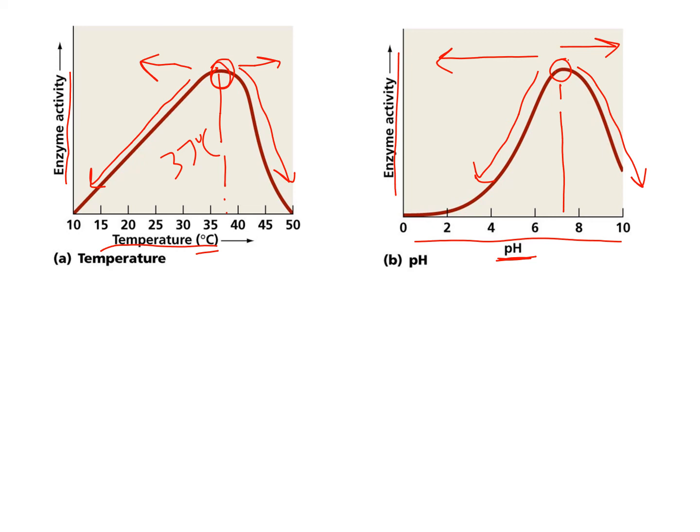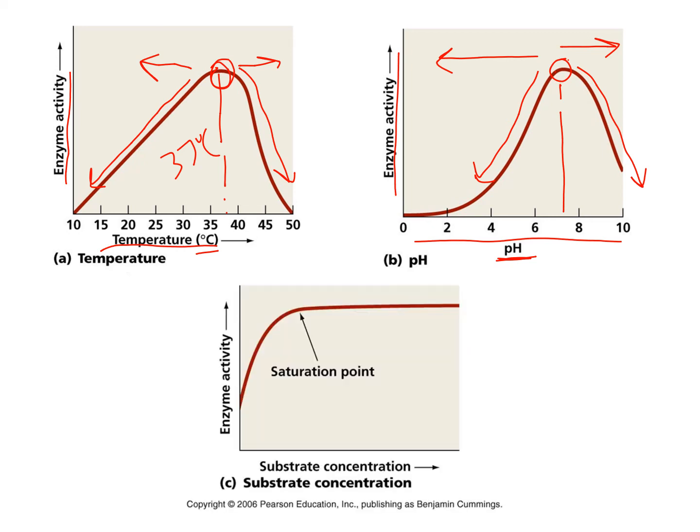The last factor is concentration, and this is an example of substrate concentration. So now the x-axis is increasing substrate concentration, and of course the y-axis is enzyme activity. So as you increase substrate concentration, you're going to get a steep increase in the amount of product produced until you reach a saturation point.